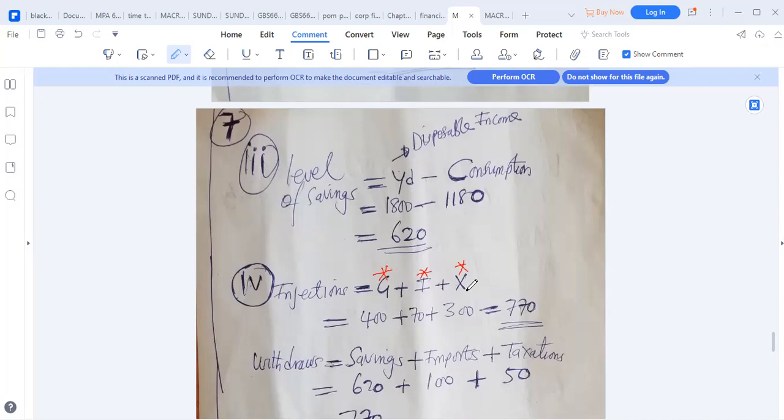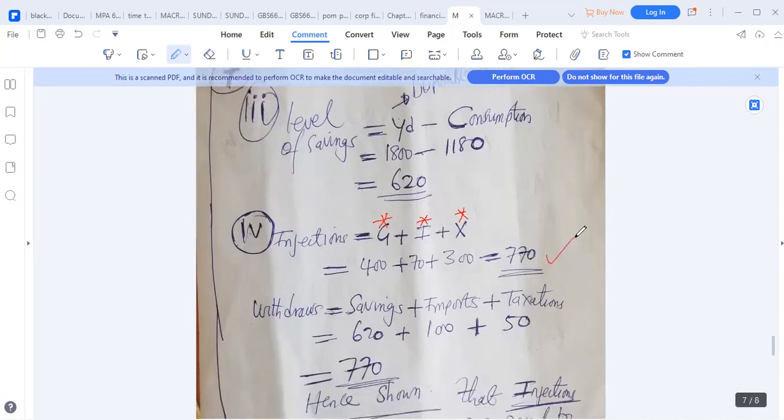So these are injections. So we are simply getting the 770 under injections.